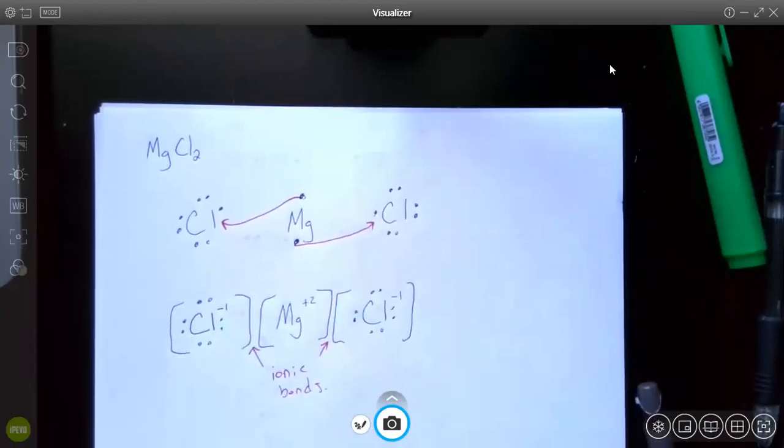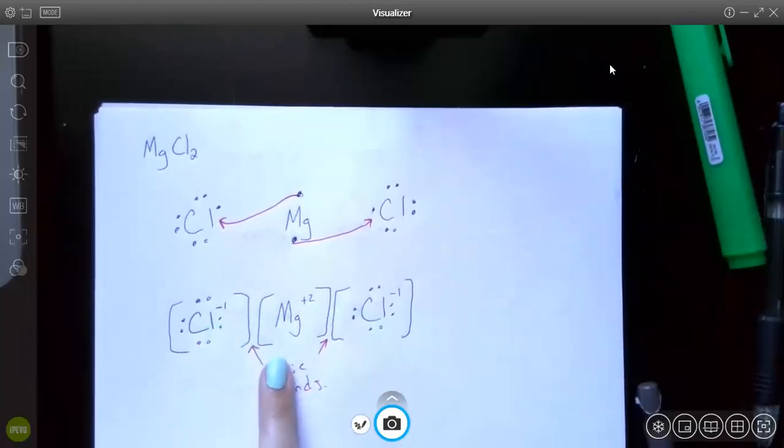It is important to note that when you're doing this, you can't have 2 negatives or 2 positives touching each other because that's not how attraction works. So the magnesium and chlorine have to be beside each other.